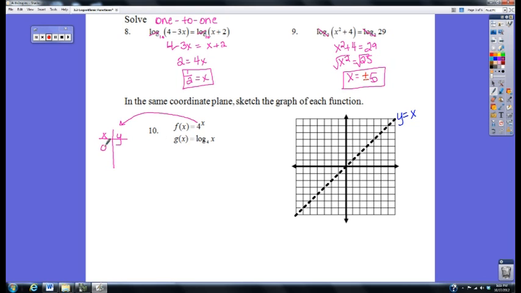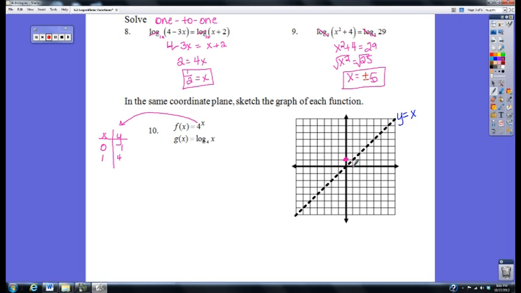4 to the x power. If I put a 0 for x, 4 to the 0 power is 1. So I'm going to have the point (0, 1) on my graph. That's very important for an exponential graph, the point (0, 1), because anything to the 0 power is 1. And if I put a 1 in for x, then 4 to the first power is 4.